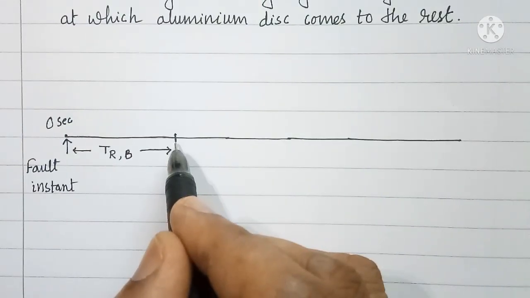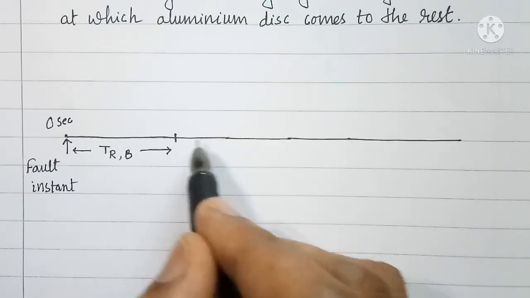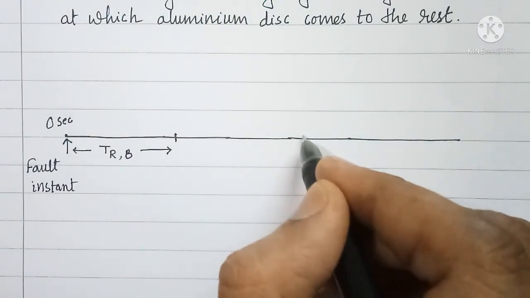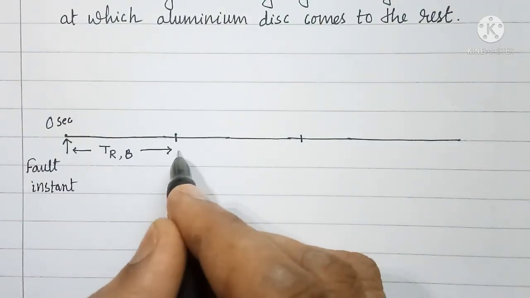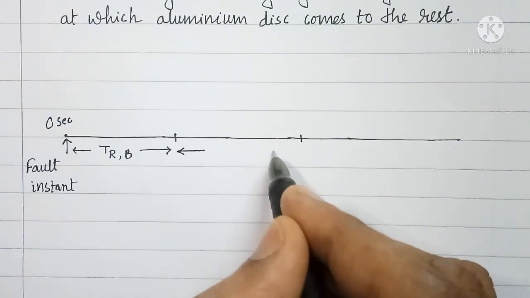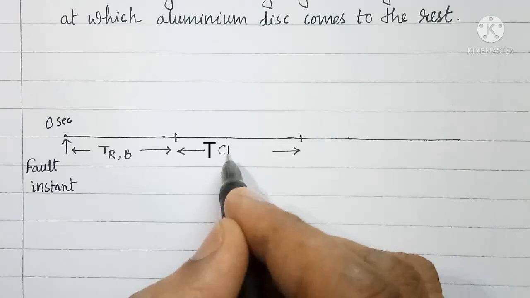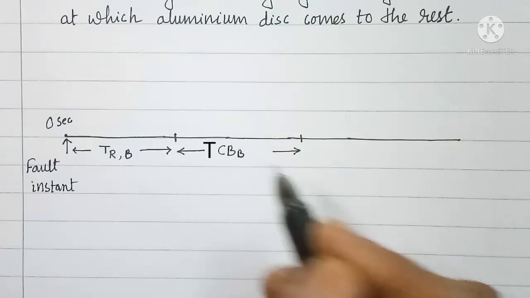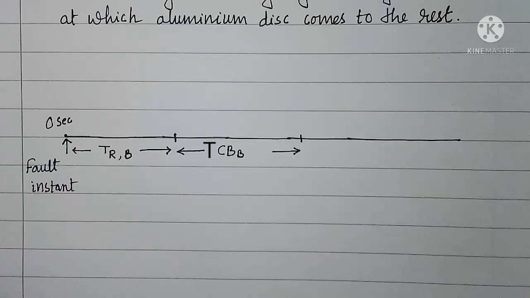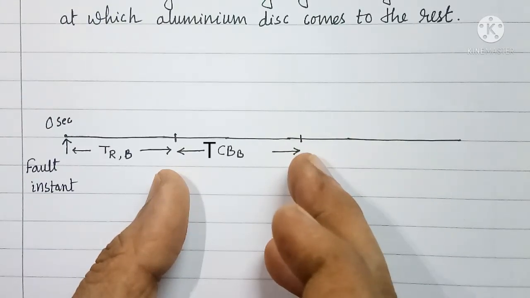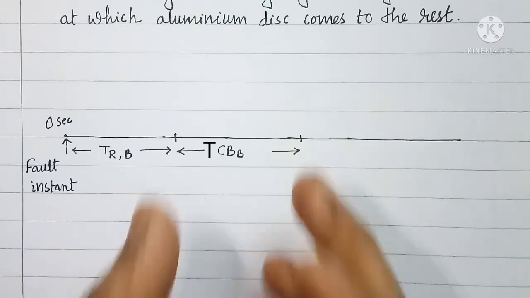From the instant at which relay operation is over, we have to measure circuit breaker operation time. So now the circuit breaker operation time TCBB is here. That is, this duration shown here is the circuit breaker operation time of primary protection.